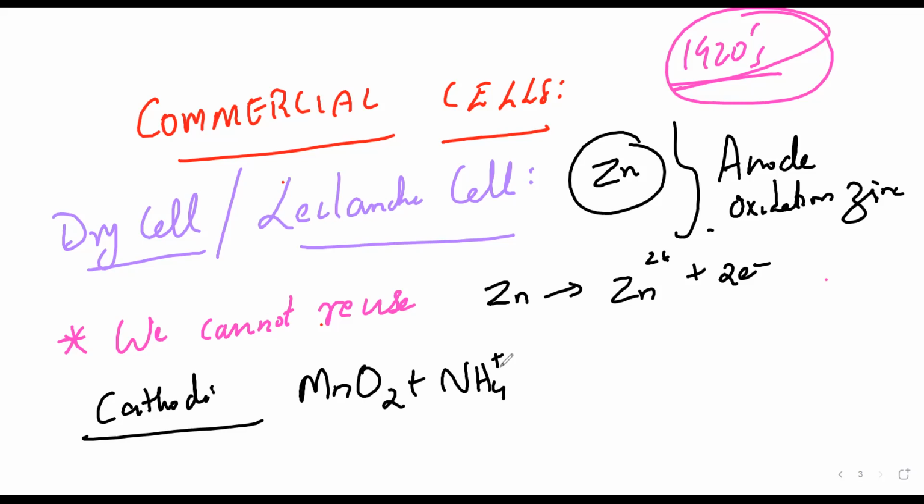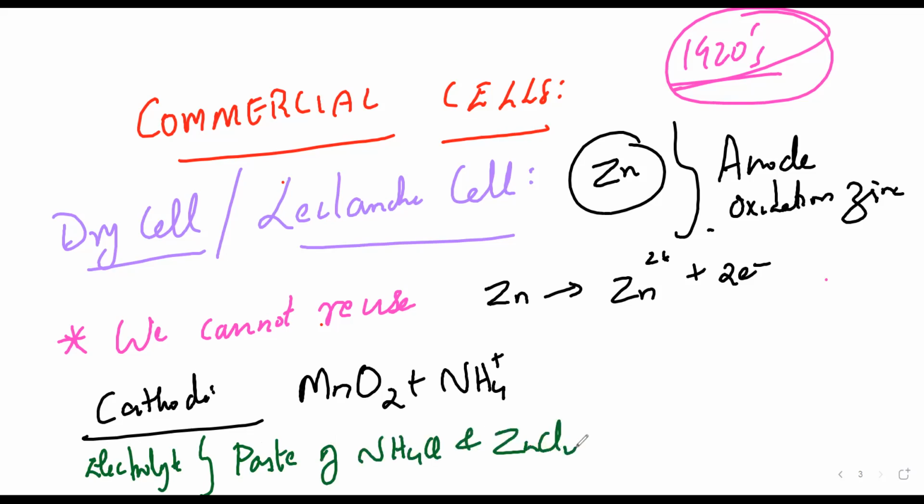And if you ask me the electrolyte we are using in this, it's a paste of ammonium chloride, NH4Cl, and zinc chloride. That is the main paste we are using here as an electrolyte for smoother conduction.